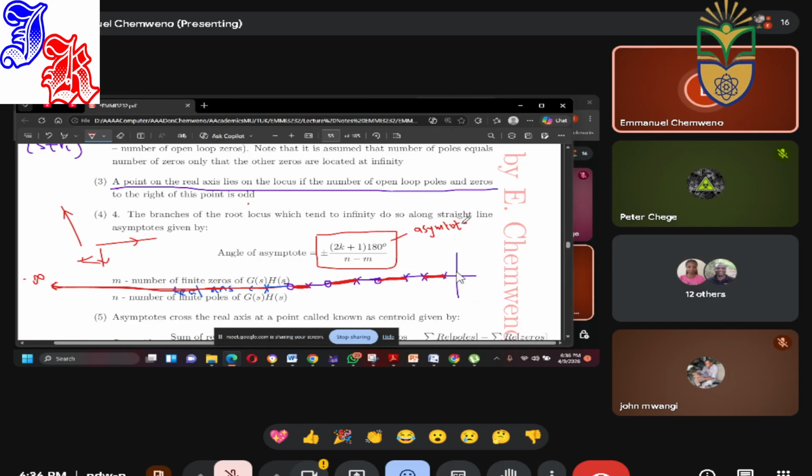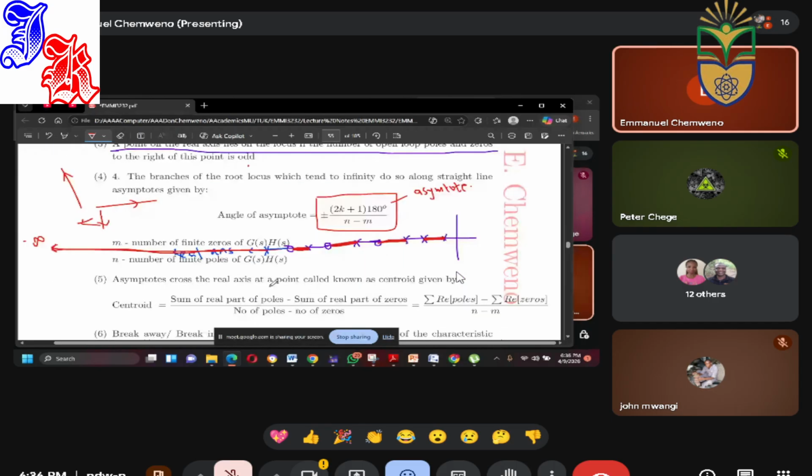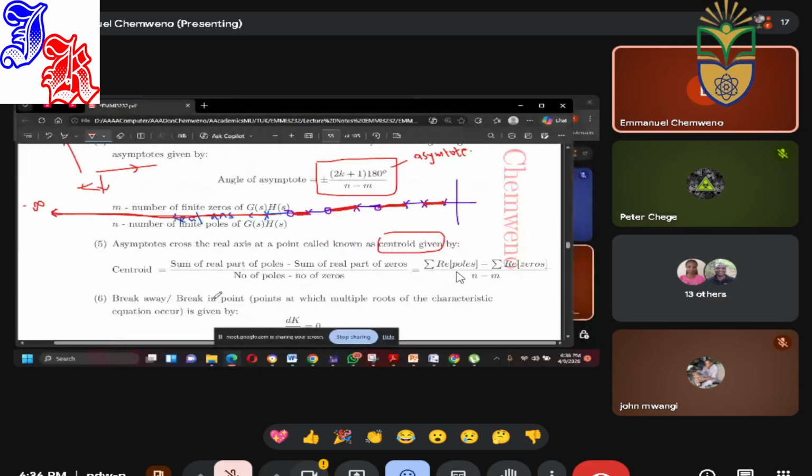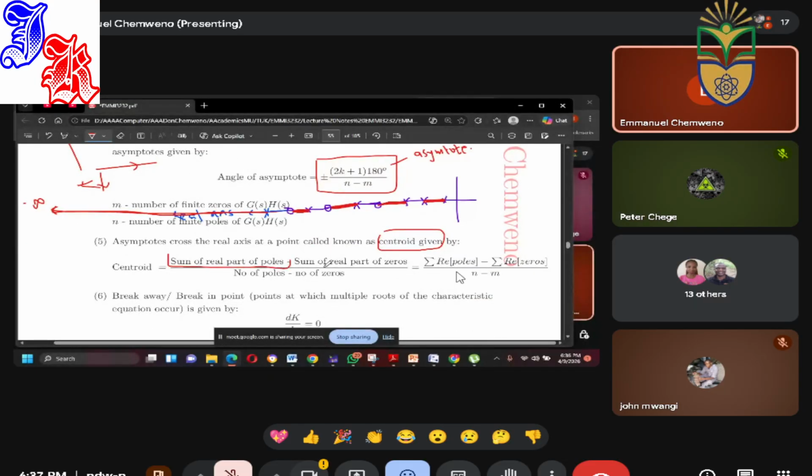The asymptotes will cross the real axis at a point known as the centroid, given by the sum of real parts of poles minus the sum of real parts of zeros, over the number of poles minus the number of zeros. I mean, asymptotes must make an angle with the real axis.